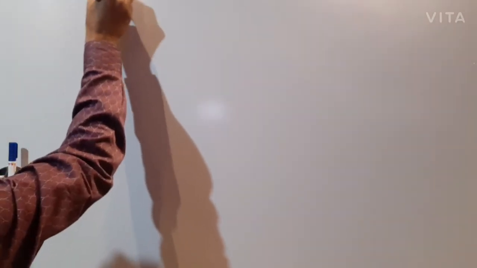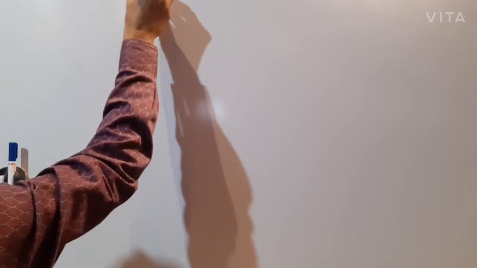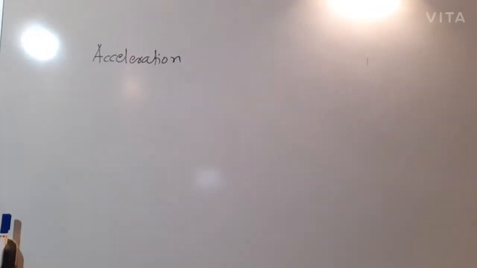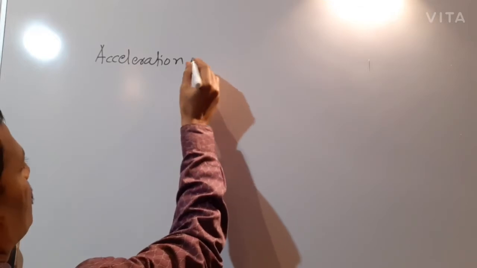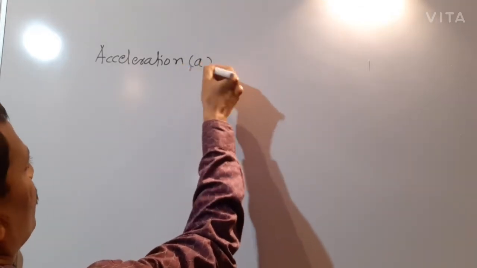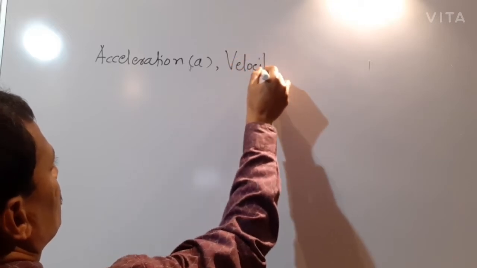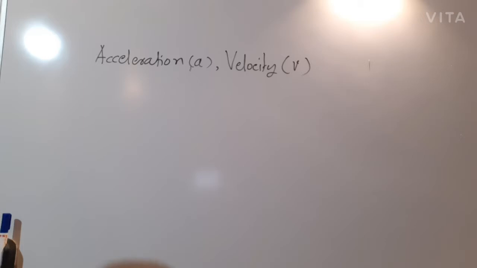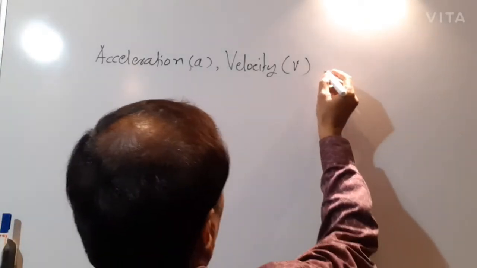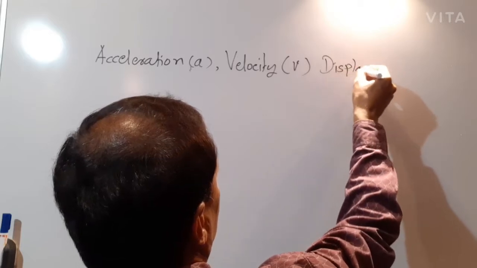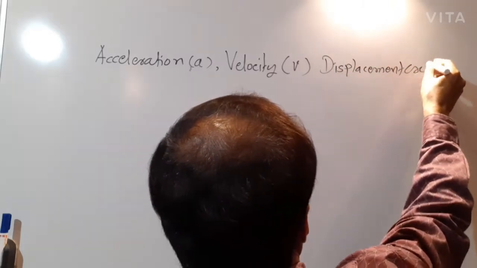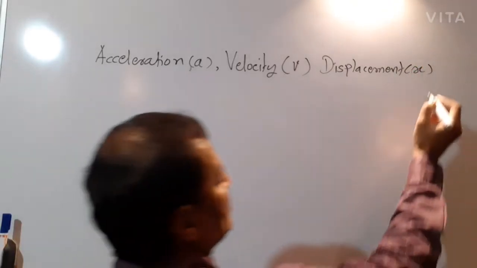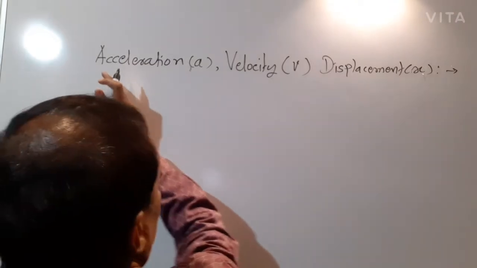So write down our today's point, and it starts with acceleration, in bracket small a, comma velocity in bracket small v, and the next point is displacement, displacement in bracket small x, and the sequence is reversed.